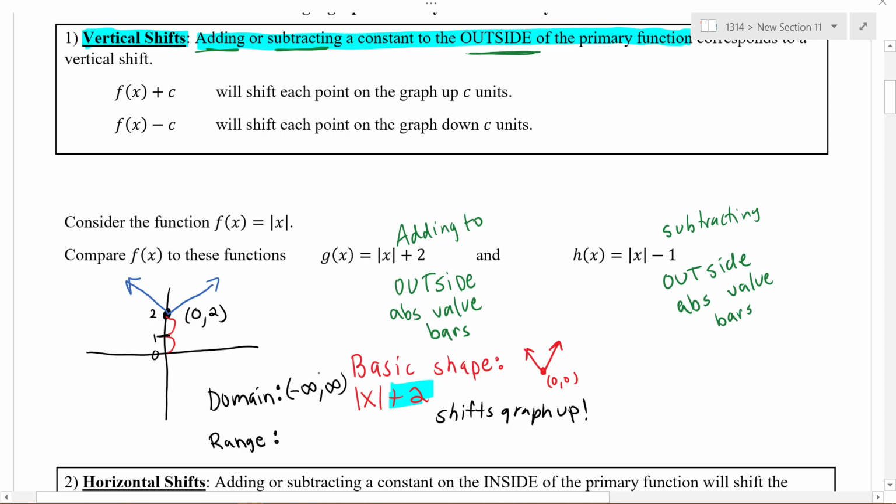So negative infinity to positive infinity for that domain. The range, what's the very bottom y value of the graph? Well, that starts at 2, including 2. And then when I go to the very top of the graph, I see arrows, so that's positive infinity.